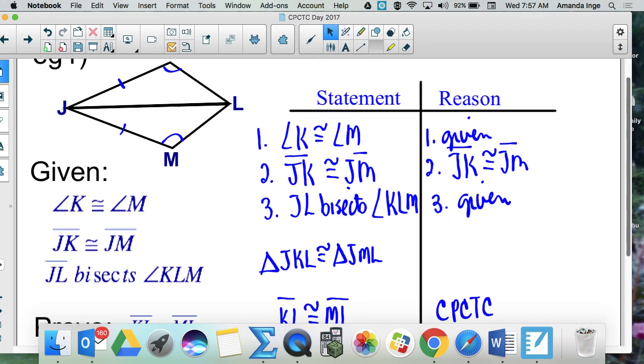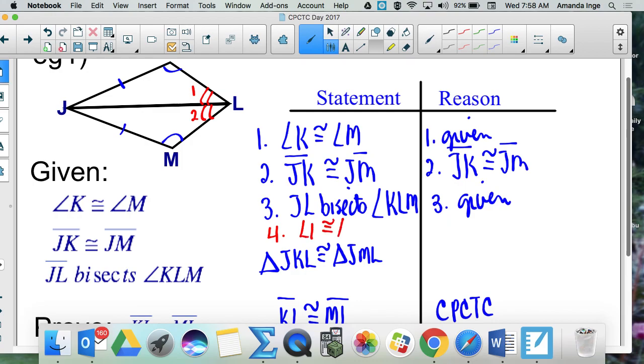Alright, so if JL bisects angle KLM, then this is equal to this, and that's equal to this. So we'll say this is angle 1 and this is angle 2. So from this information, we get angle 1 is congruent to angle 2, by the definition of angle bisector.